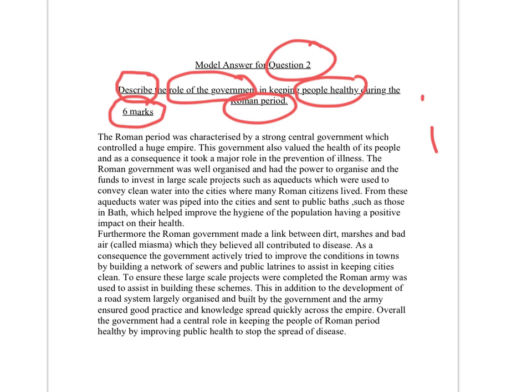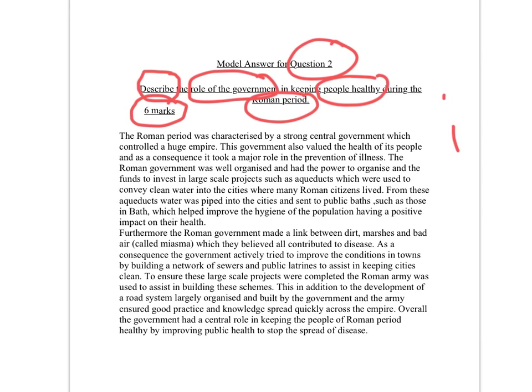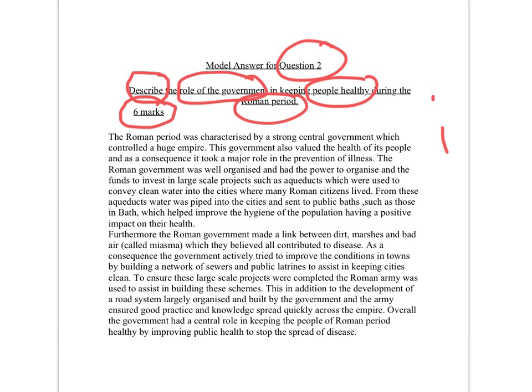Now, whenever you start a question, you want to make 2 separate points in each of the paragraphs. Now, in your first line, you will be introducing the topic. So you are using key words from the question.